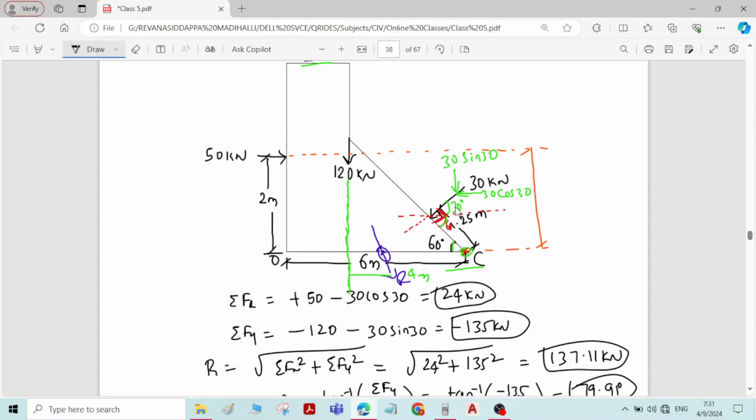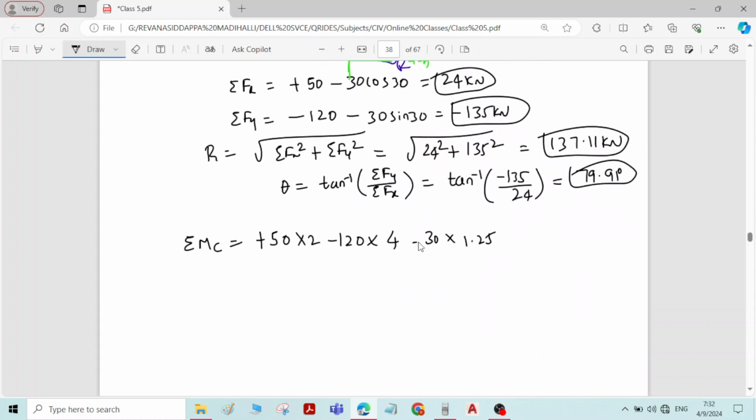Here if you try to use components, you will get complex calculations. That is why, as the perpendicular distance of point C from the line of action is directly known, it is directly 30 into 1.25. And about C, if you apply the 30 kilonewton force in this direction, it tends to cause anti-clockwise moment about point C. Sign is minus.